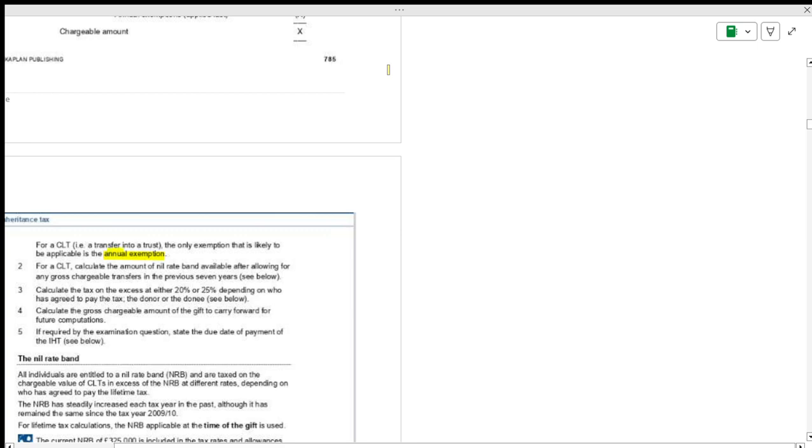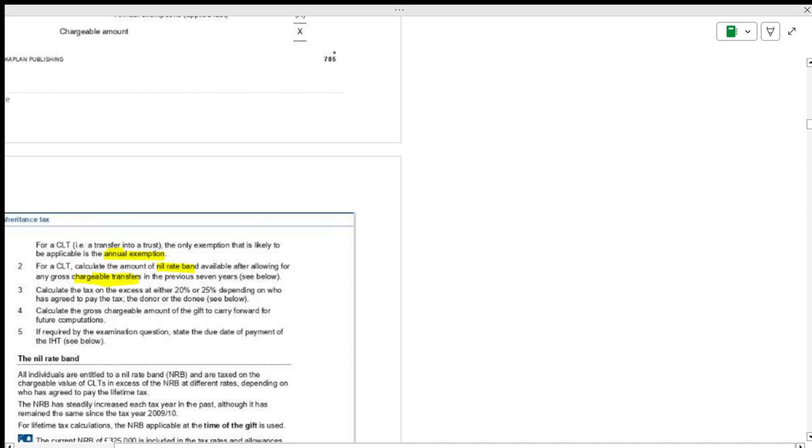The annual exemption. For a CLT, calculate the amount of NRB available after any gross chargeable transfers in the previous 7 years. Here we have to be very, very careful. Gross chargeable transfers means you have to convert it into gross, if the rate is 25%, then 20 by 80, like that.